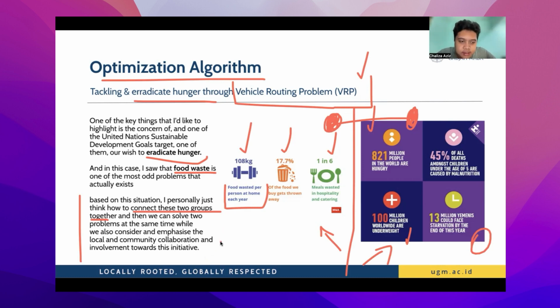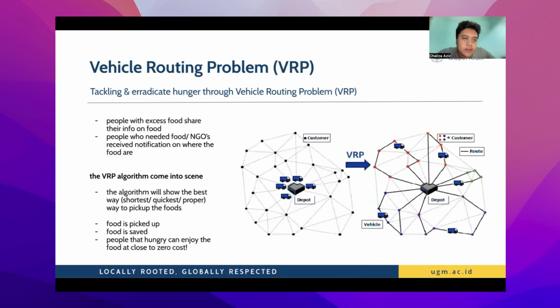I think it's very unnecessary. As a community, if we just connect these two groups together, we can solve this problem easily. We don't have to spend any money. At the same time, we're saving food from getting wasted, and we can also feed lots of people and save tons of lives. Then we jump next to what I found as the vehicle routing problem.